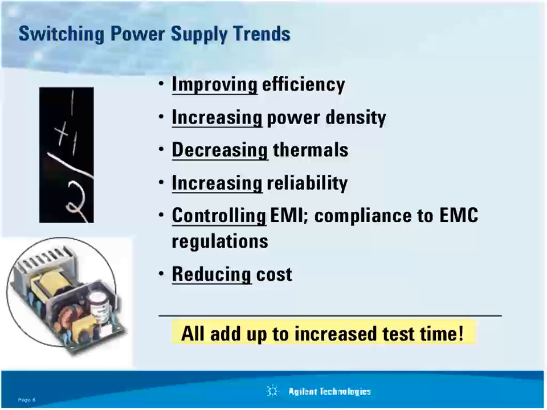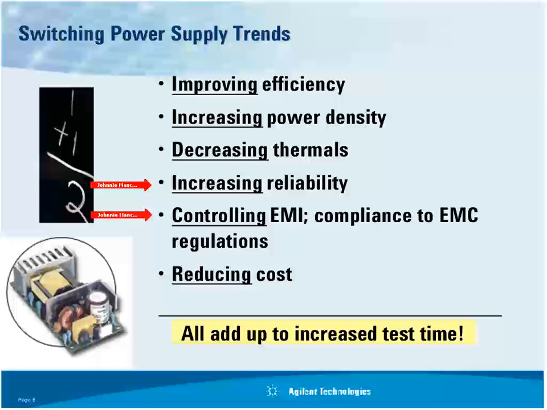Decreasing thermals: well, if you waste a lot of energy, you're going to generate more heat. It's going to require you to put in more cooling. Of course, everyone wants high reliability. They don't want their products breaking down and incurring warranty cost. This is a big one, controlling EMI, and this is especially important for switching power supplies.